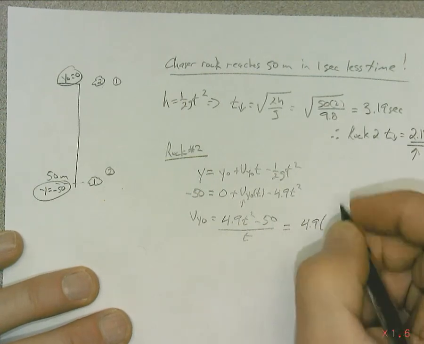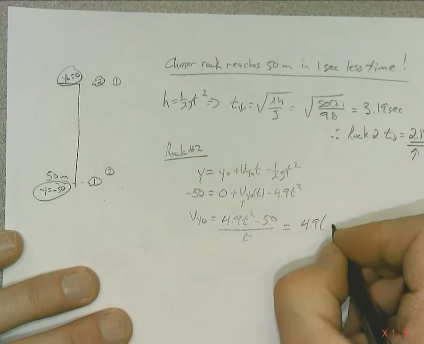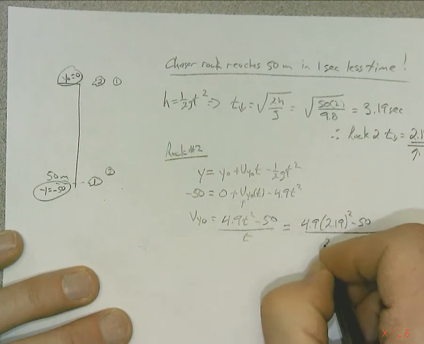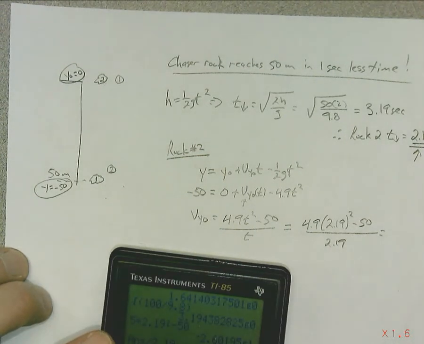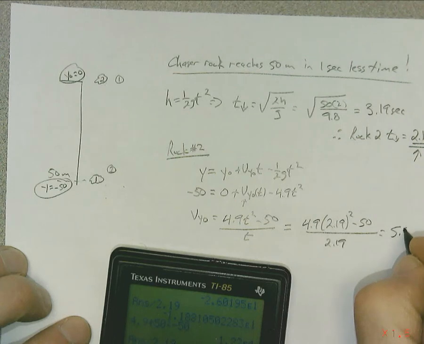4.9 times t, which is 2.19, 2.19 squared minus 50 over 2.19 is equal to, let me just see, 4.9 times 50 x squared minus 50, enter, divided by 2.19 gives you 5.5, something's wrong there.